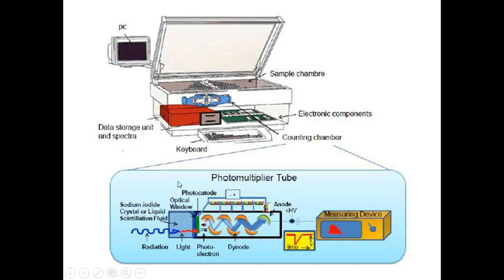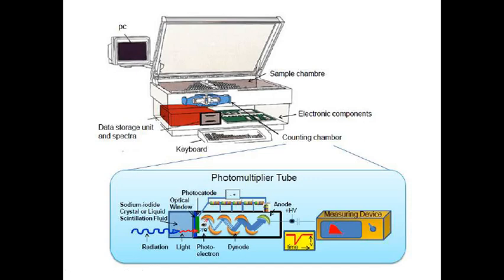Now how does this scintillation counter actually work? You can see here, this is the transparent chamber. It is very transparent, and it is open on one face only. Whatever compounds or scintillators we have, the scintillator is kept inside this scintillation chamber.